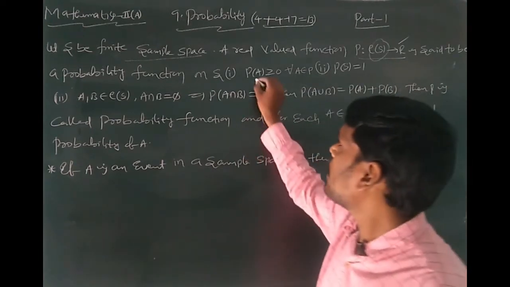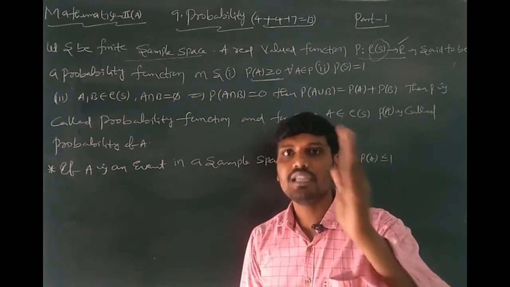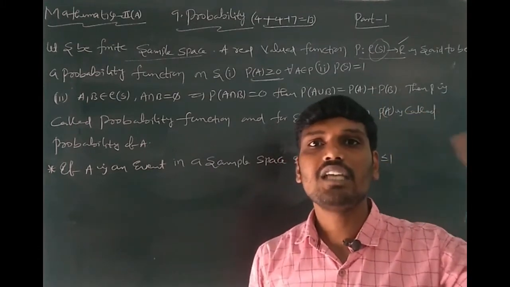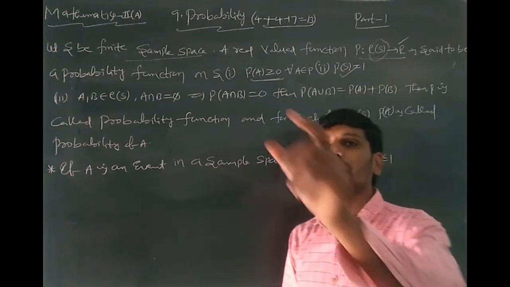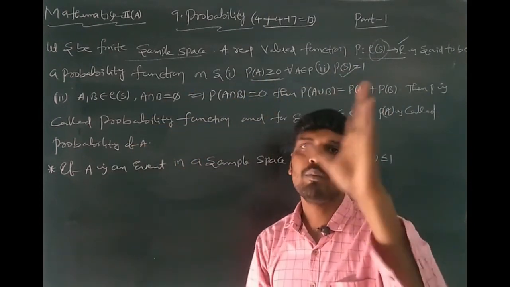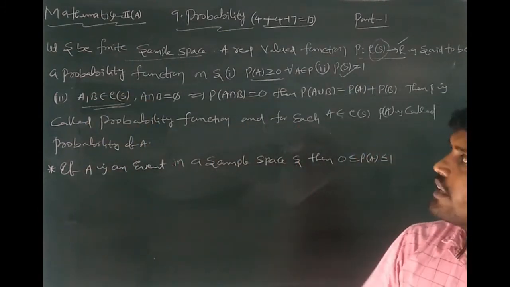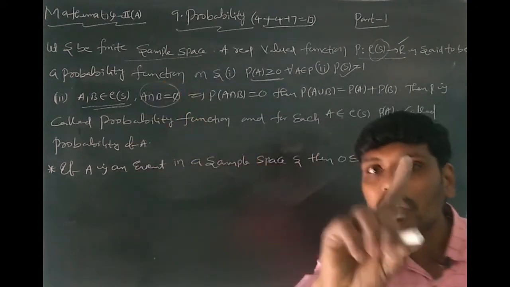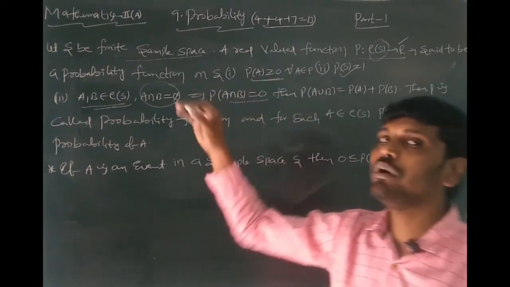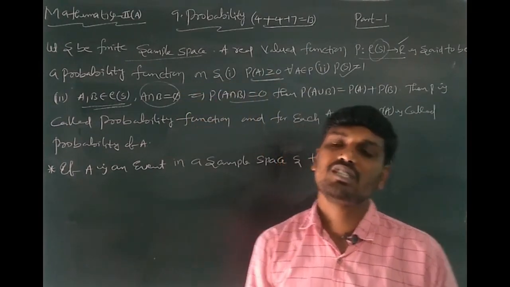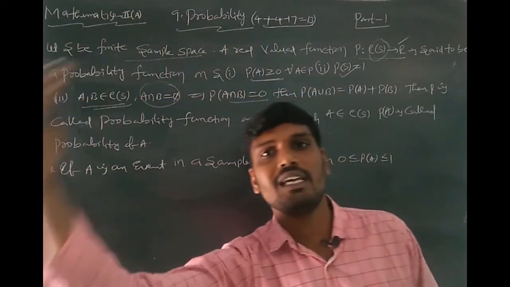What is the first condition? P of A is greater than or equal to 0. The probability of A is always greater than or equal to 0. That is the first condition. The second one is the probability of the total sample space equals 1. The third one is if A, B belong to the power set of S and the two events are mutually exclusive, then P of A intersection B is 0, since phi is an impossible event and the probability of an impossible event is 0.